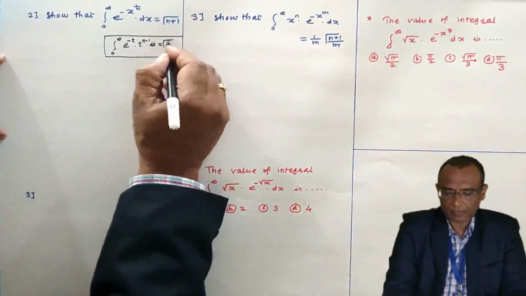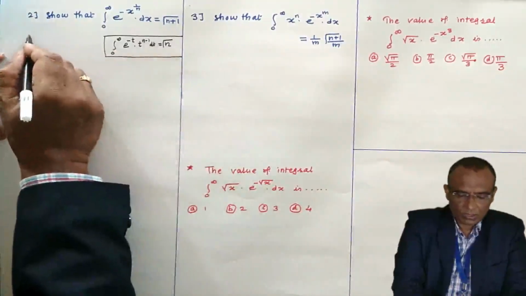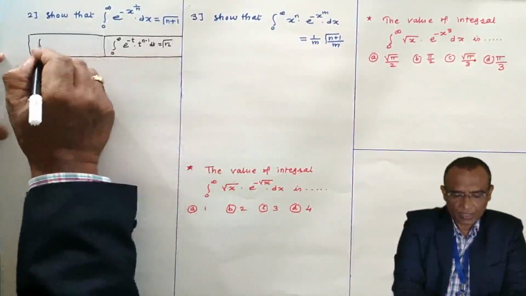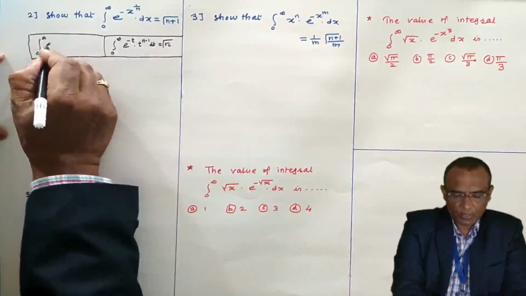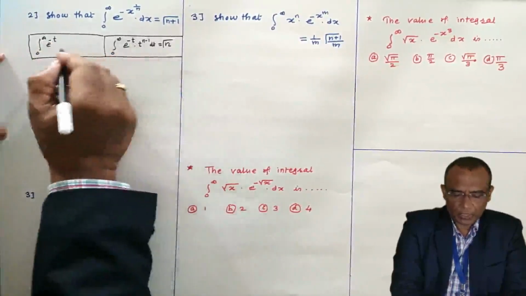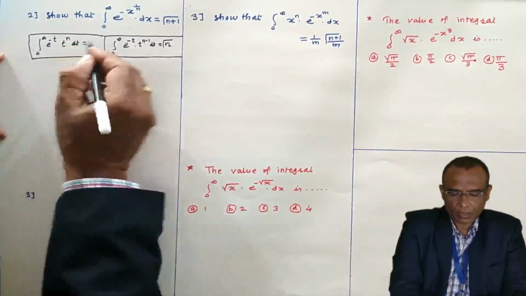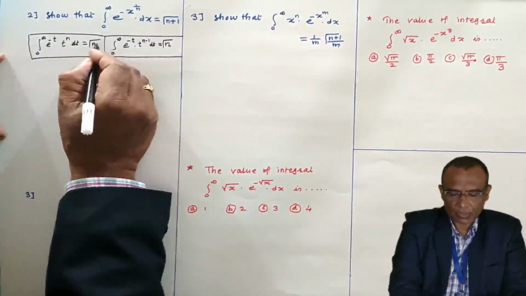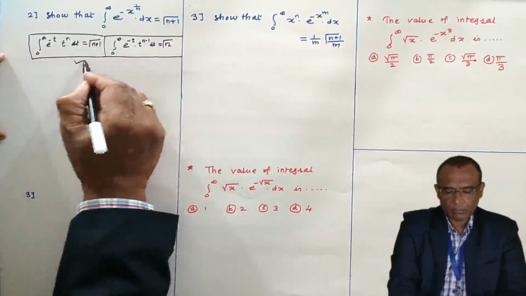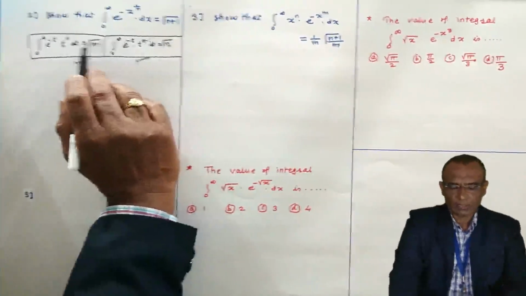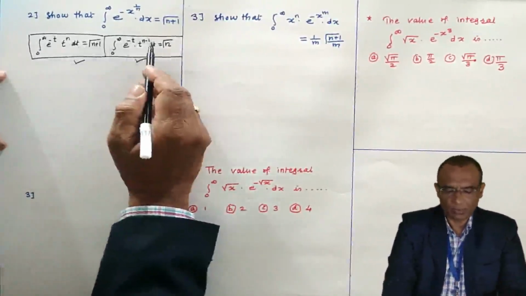This is gamma n. Or this can be written in this way also: if you replace n by n plus 1 in this integral, it can be written as gamma n plus 1. So these two are the same; here n is replaced by n plus 1 only. Either you can use this one or this one.